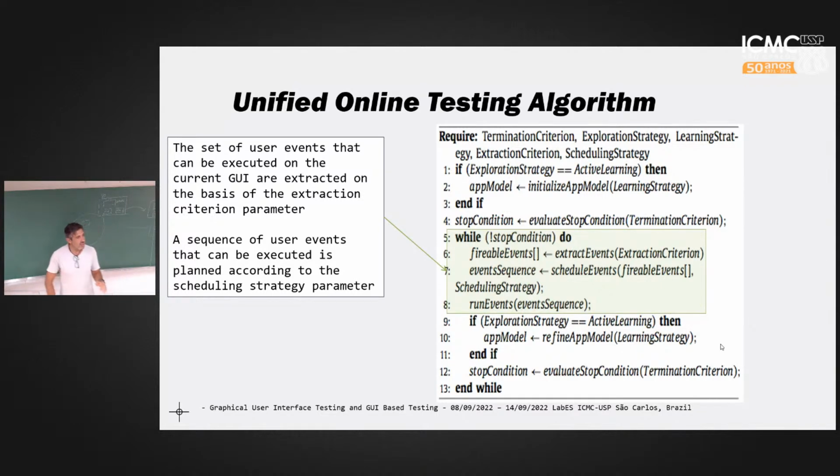It is the criterion that defines which events can be extracted from the GUI. Let's do an example.